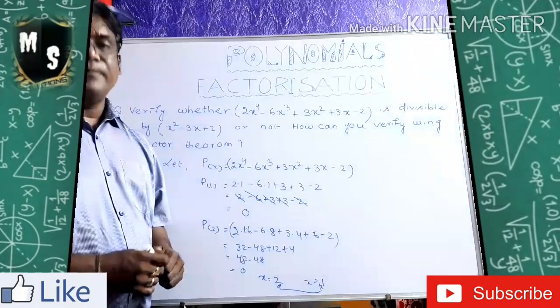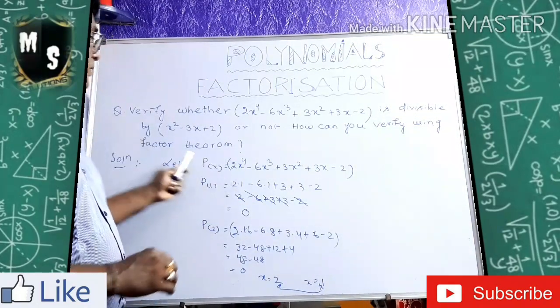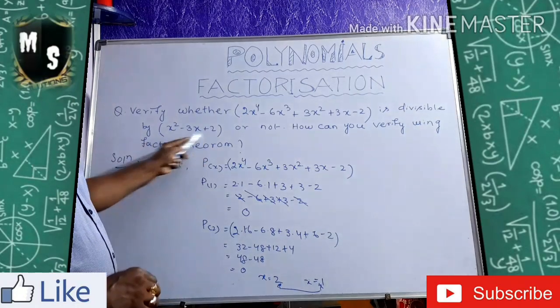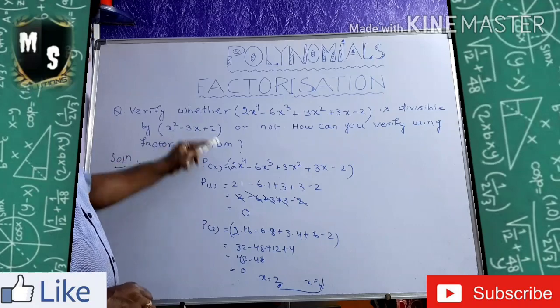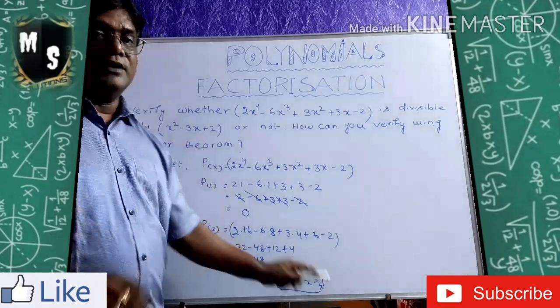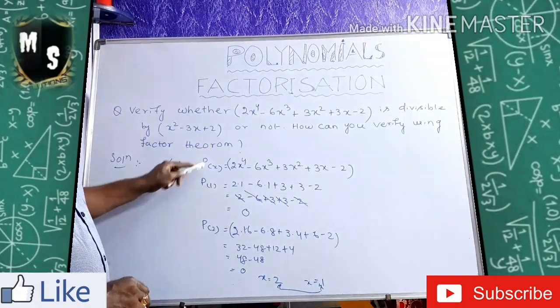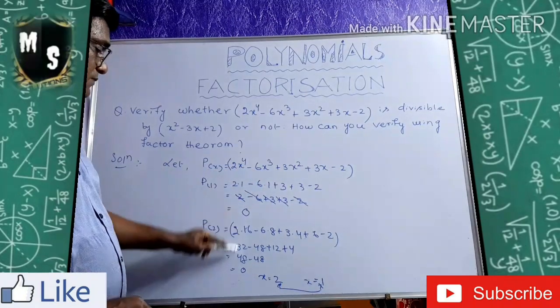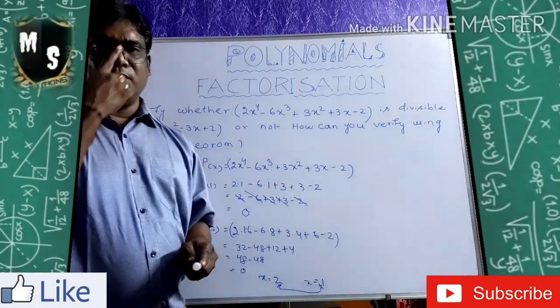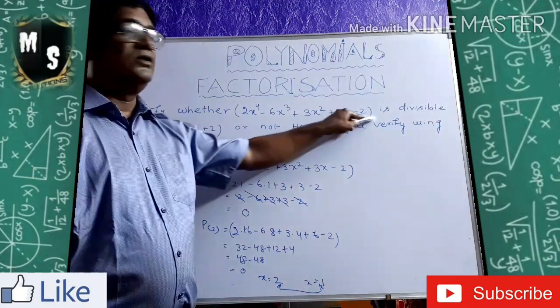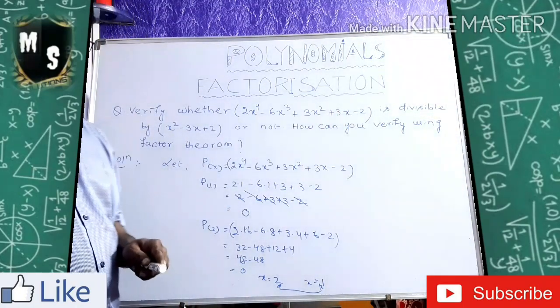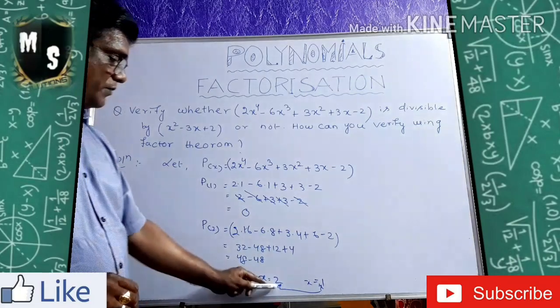So for that reason, definitely for this g(x) polynomial, the values of x came 2 or 1. So when you put 2 or 1 in the main polynomial p(x), the values came 0. So if it comes 0, definitely this polynomial is divisible into the big polynomial. The 0 must come when you put the value.